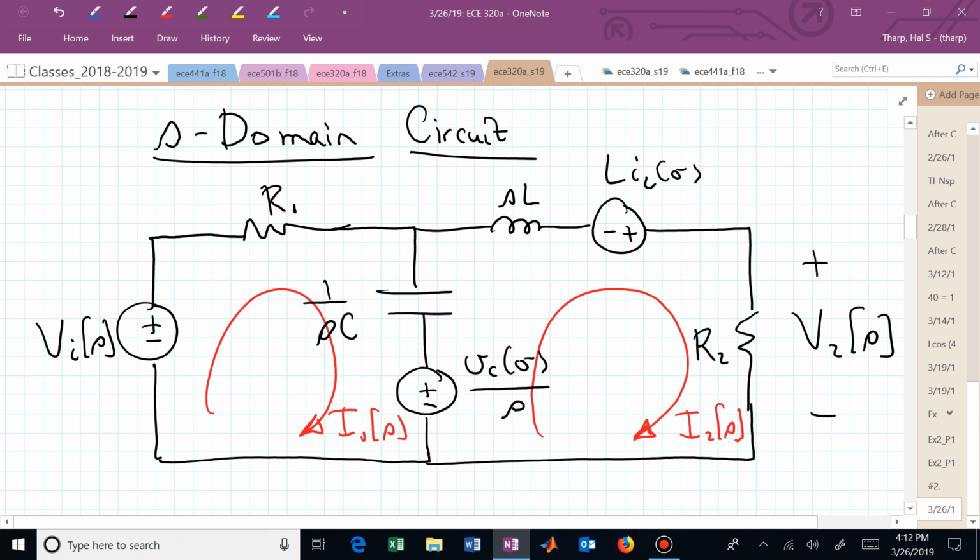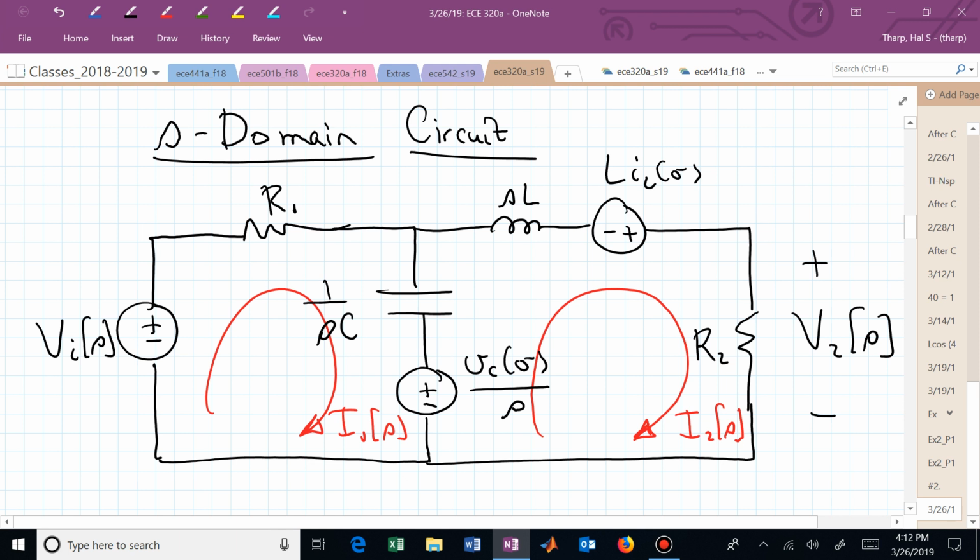Then plus R1 times I sub 1 of s. I1 touched R1, so keep that in mind. We would then say 1 over SC times the net current down, which was I1 minus I2. And we would have no more impedances that current touched.